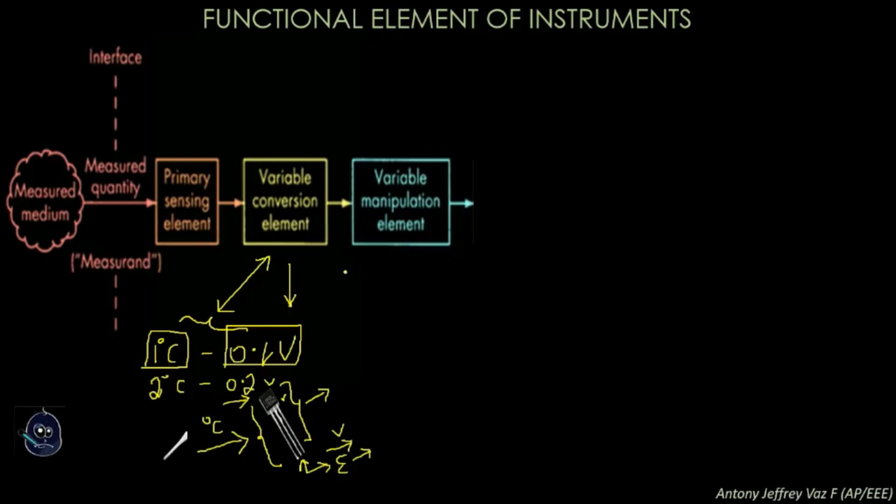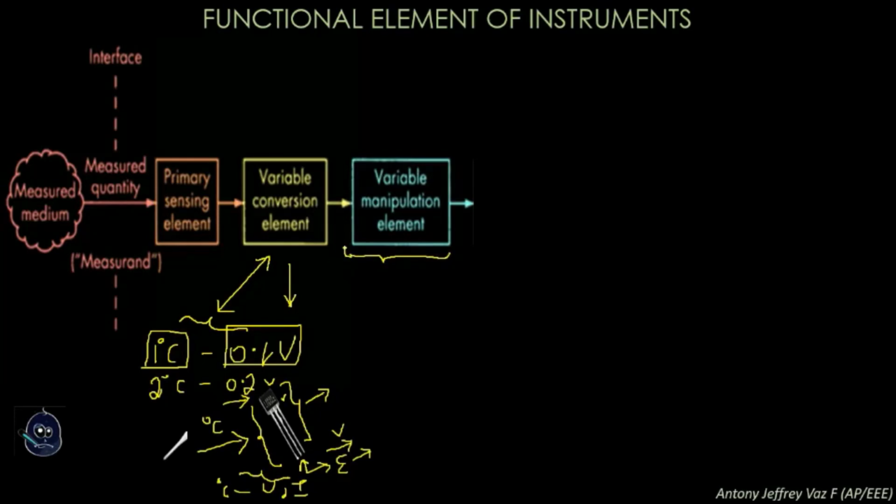Next, we have the variable manipulation element. Here, while you are converting the energy from centigrade to voltage or current, some loss will happen during this conversion. So these losses should be overcome with the help of a variable manipulation element.